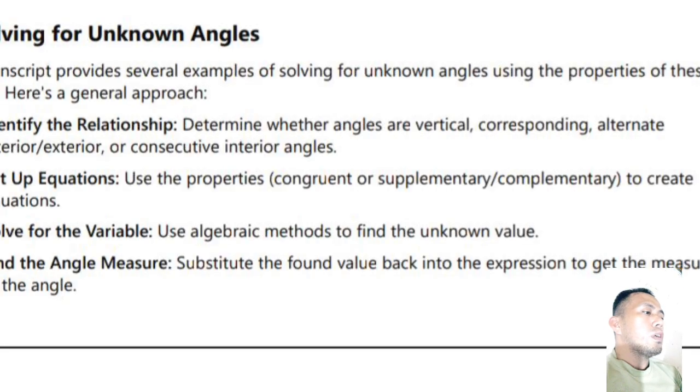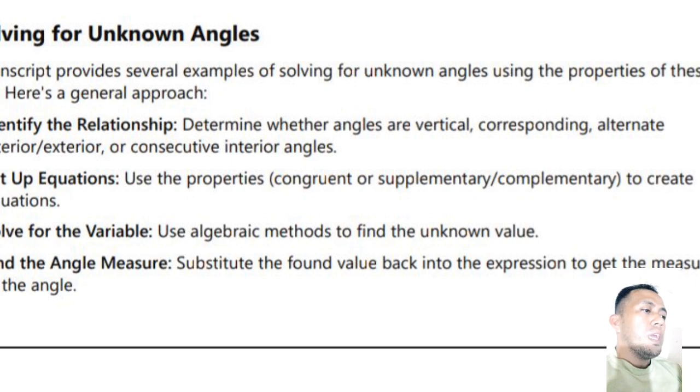Fifth, solving for unknown angles. The transcripts provide several examples of solving for unknown angles using properties of these angles. Here's a general approach. A. Identify the relationship. Determine whether angles are vertical, corresponding, alternate interior, alternate exterior, or consecutive.